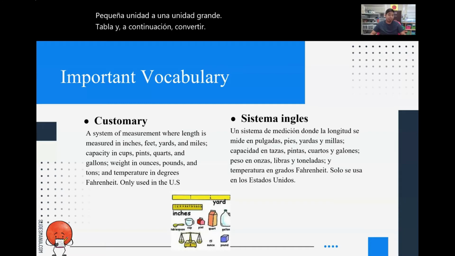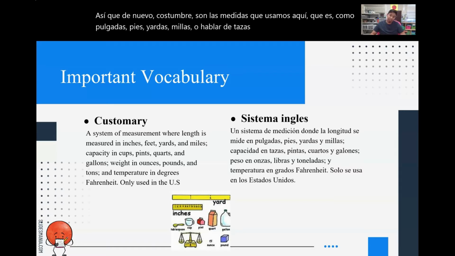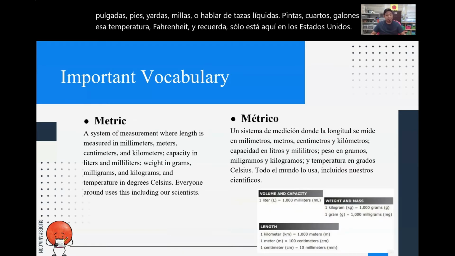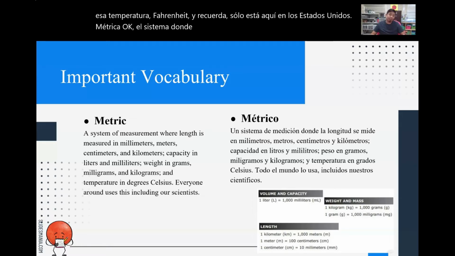So again, customary, it's the measurements that we use here, which is like inches, feet, yards, miles. When we're talking about liquid, cups, pints, quarts, gallons, the temperature, Fahrenheit, and remember, it's only here in the United States. Metric, okay, the system where length is measured in millimeters, meters, centimeters, kilometers, okay? Everywhere else in the world uses this, including our scientists here, okay?